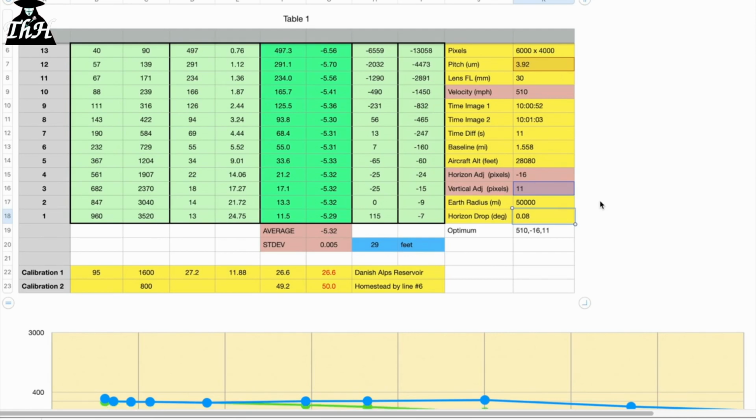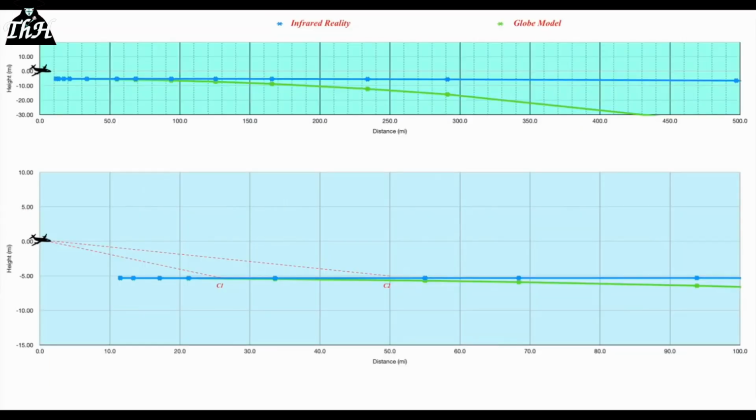Let's have a look at a true scale graph. Now this graph is drawn to scale, and as you can see, the difference is actually much smaller, right, between the globe and this flat surface. Not that drastic. In the top part we're zoomed out to 500 miles, and we notice the drop there.